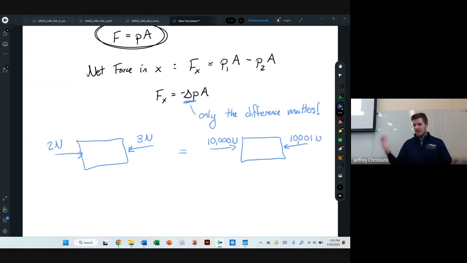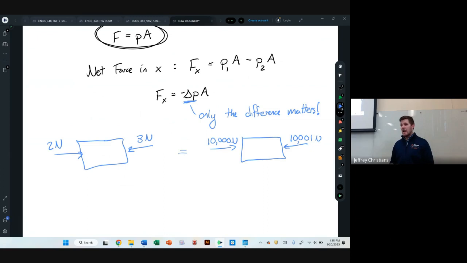Those are the same thing. So we're only ever going to care about the difference in pressures when we're talking about the forces on objects, the behavior of fluids, how fluids are moving, any of that type of thing.